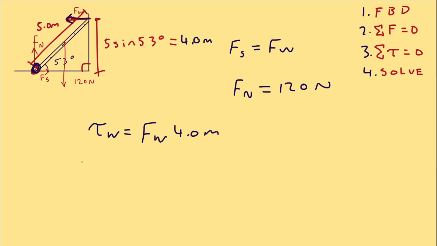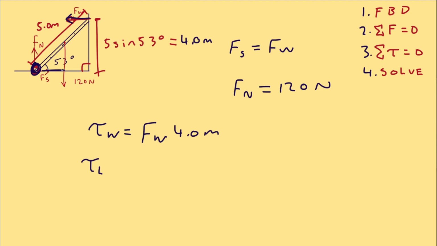How about the torque of our ladder weight? We'll just say torque of L. We can do the same thing here. The distance from the pivot, again, it's not 2.5 meters. It's actually this distance here. Because the weight of the ladder is not acting perpendicular from the ladder. So how do we find this length here? The hypotenuse is 2.5, since that's halfway up the ladder.